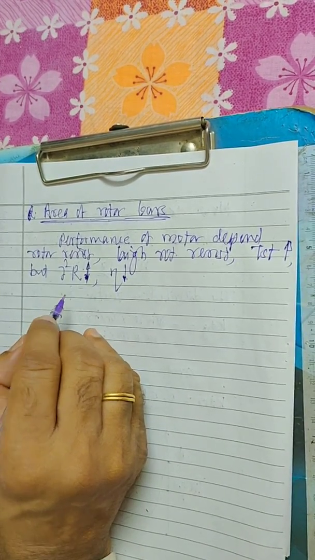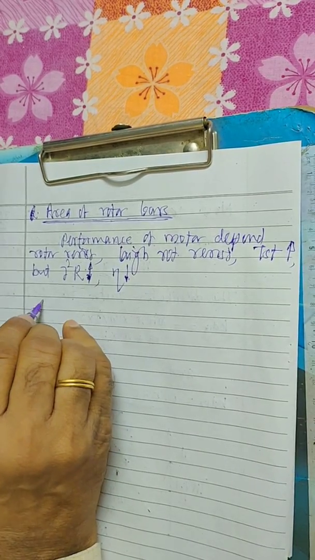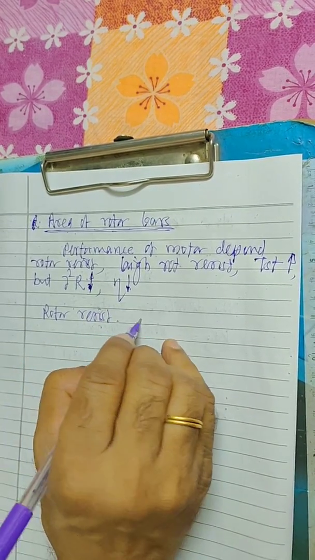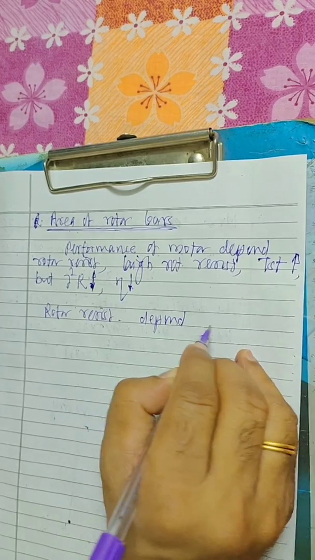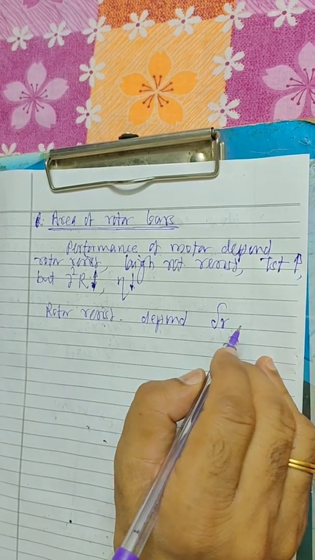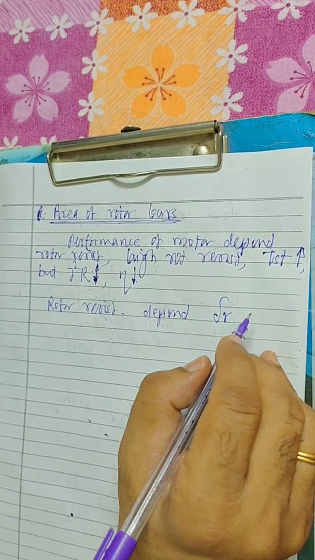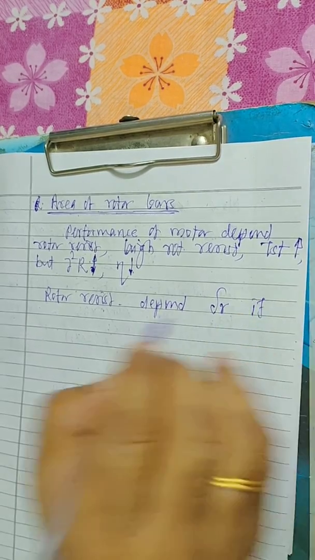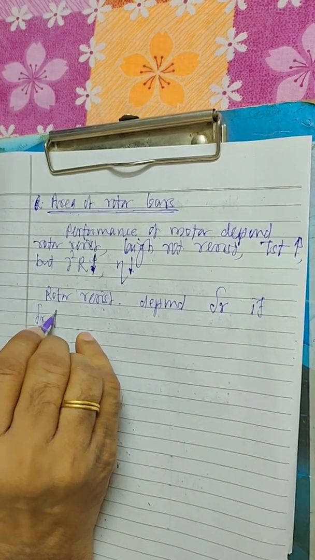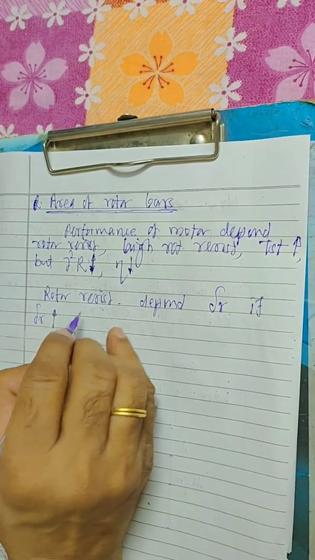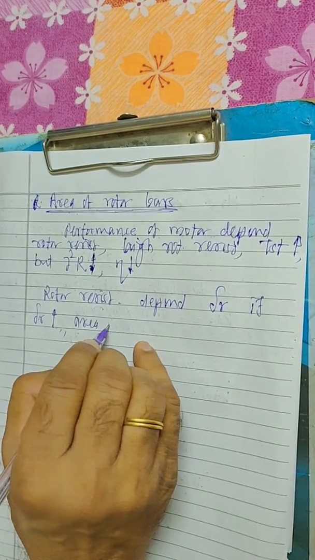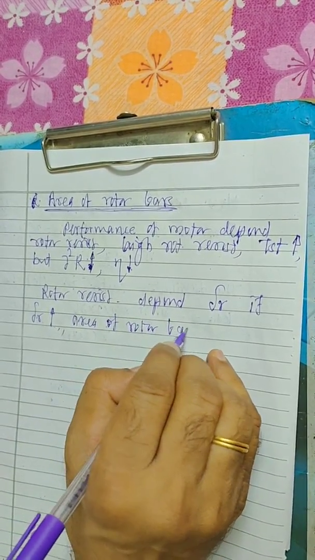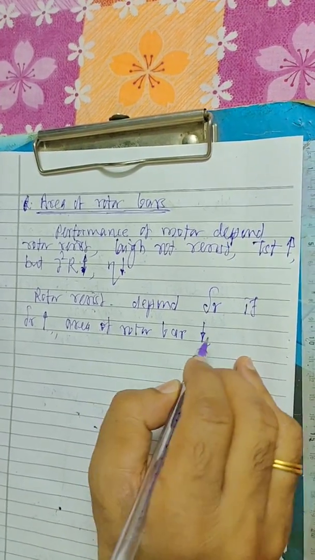Rotor resistance R2 depends on current density in the rotor, this is del R. So if a higher value of current density del R is selected, then area of rotor bar decreases.